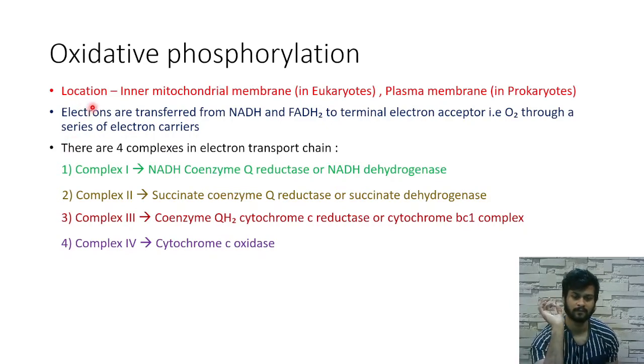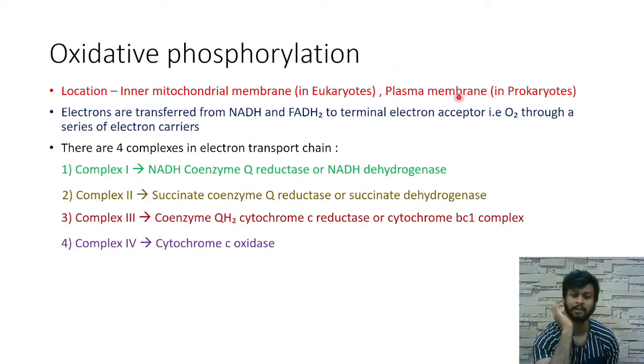The location of electron transport chain in eukaryotes is the inner mitochondrial membrane, because eukaryotes have membrane-bound cell organelles. In prokaryotes it occurs in the plasma membrane. This can be a favorite question of paper sitters: in prokaryotes, where does the electron transport chain occur?